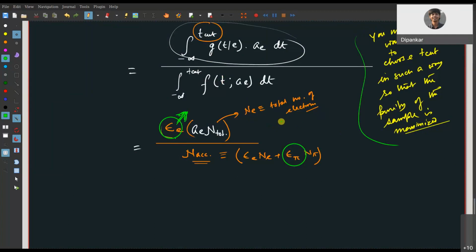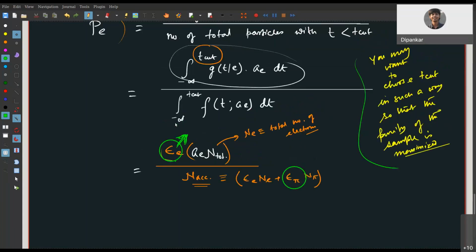So lesson learned. If you are trying to distinguish between two hypotheses, let's say H0 and H1, first of all, you have to construct a test statistic. I have not discussed how to construct the test statistic, but given that you have constructed a test statistic in a certain way, the number two job is to choose a cut on that test statistic.